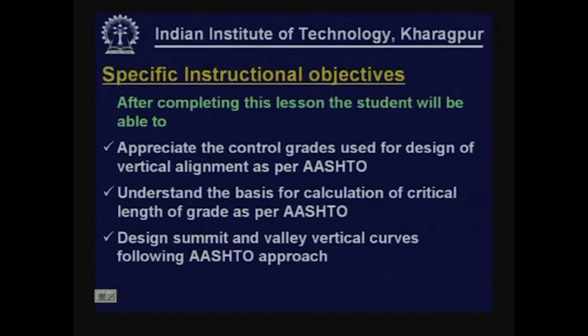The IRC approach we have already covered in lesson 13. So, after today's lesson, the student will be able to design vertical summit and valley curves following the AASHTO approach.